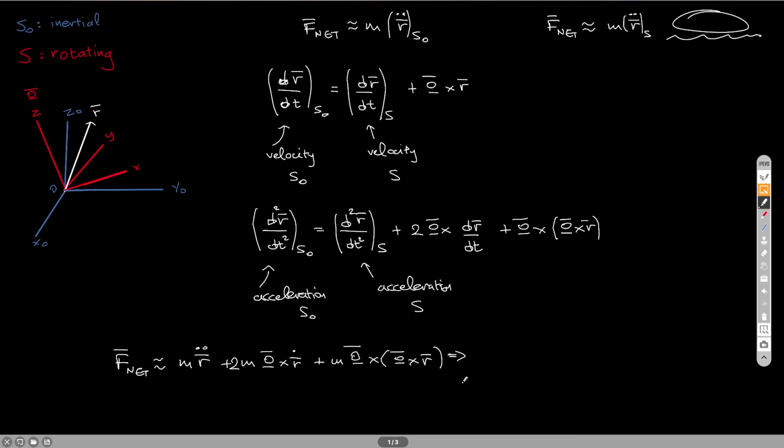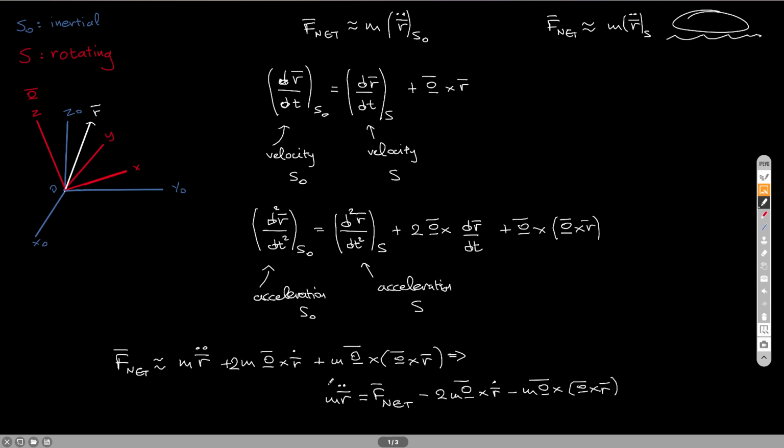Now I can rearrange it if you want. So I'm going to leave m r double dot, which is the acceleration as measured in the rotating frame of reference. This is equal to the net force minus 2m omega cross r dot minus m omega cross omega cross r.